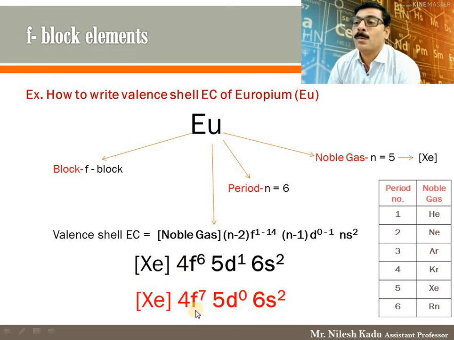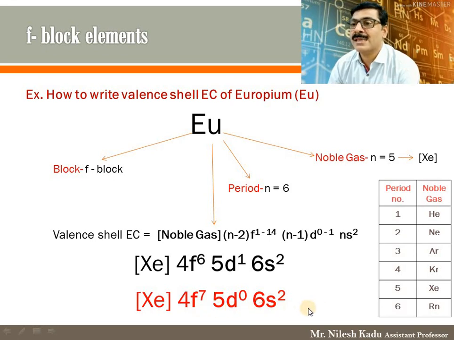So here 4f contains 7 electrons and 5d contains 0 electrons, and 6s is as it is. So the observed electronic configuration for europium is xenon as the noble gas, then 4f7, 5d0, 6s2.